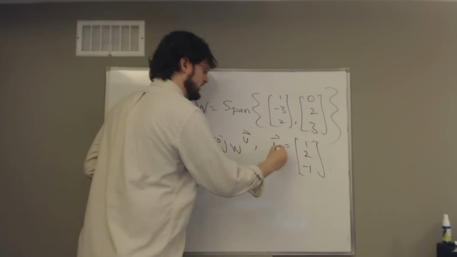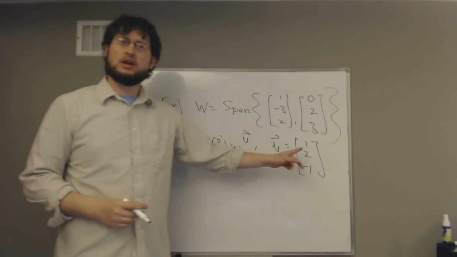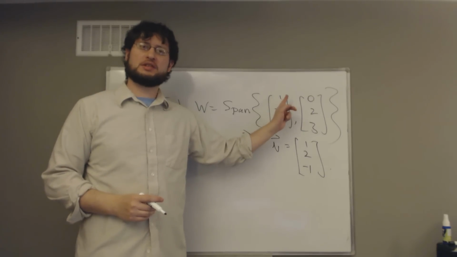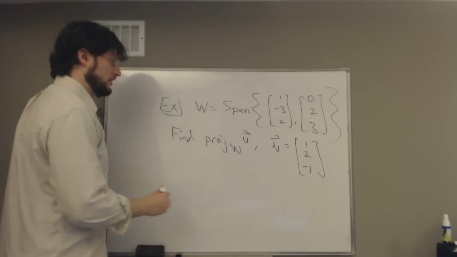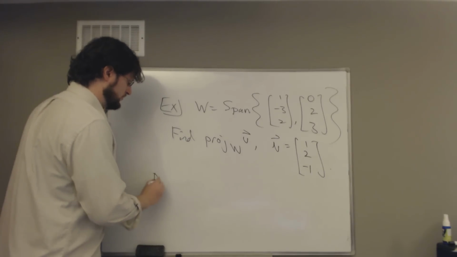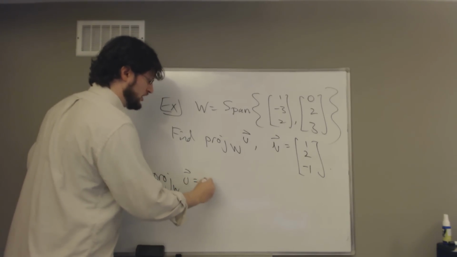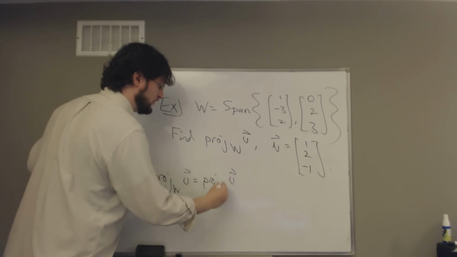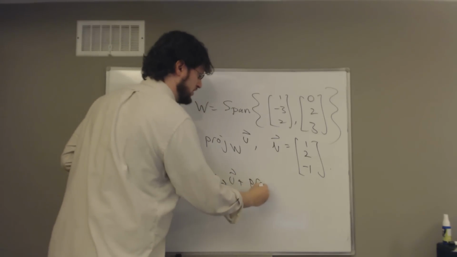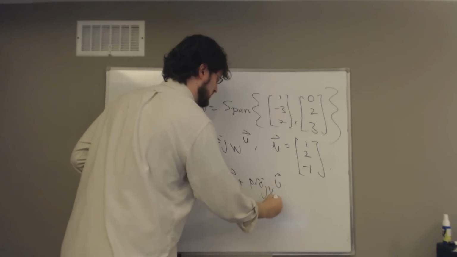Again, I just need to project u onto each of the basis elements and then add up what I get. So the projection of u onto w will be the projection of u onto v1 plus the projection of u onto v2.